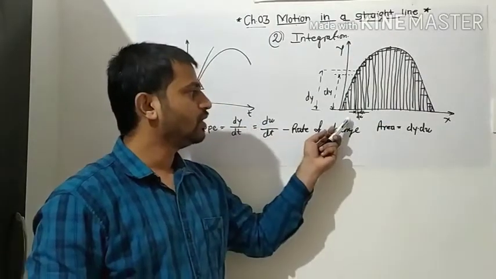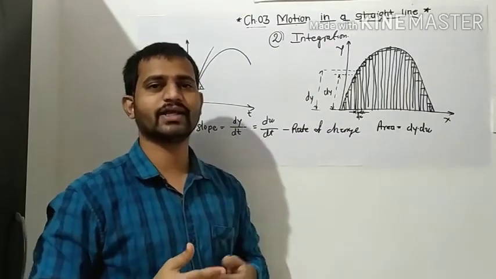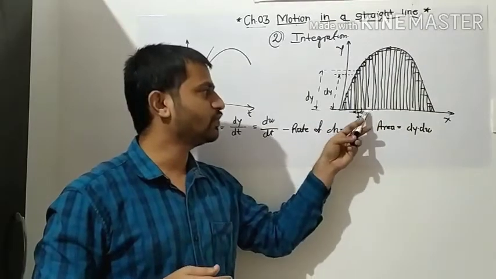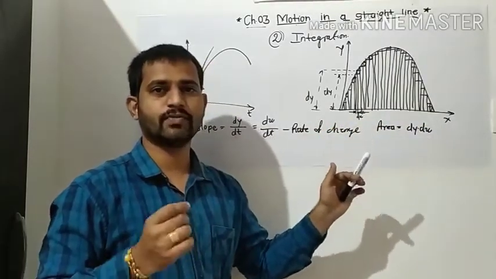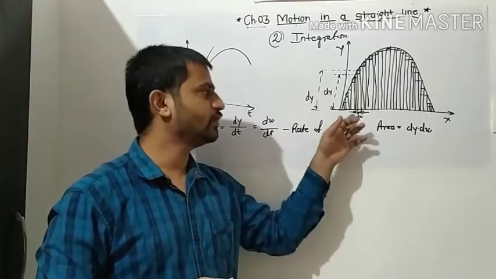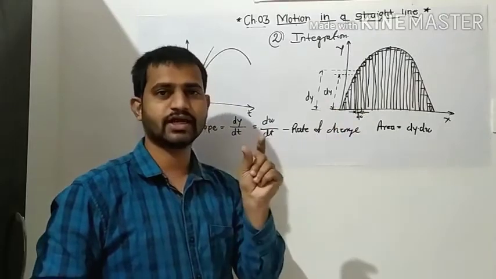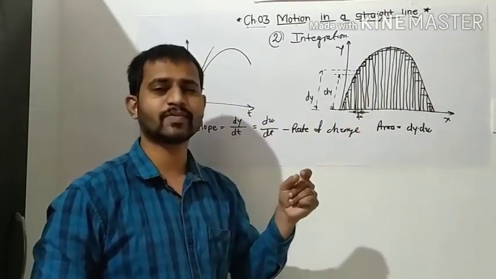So the condition is in how many parts we are dividing that particular area, and for that purpose we have to divide this horizontal x axis into a number of small parts. Previously the length of this dx is greater, but when we divide this area into small parts, the length decreases.